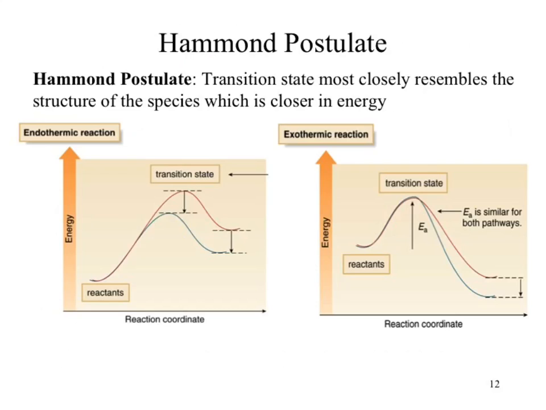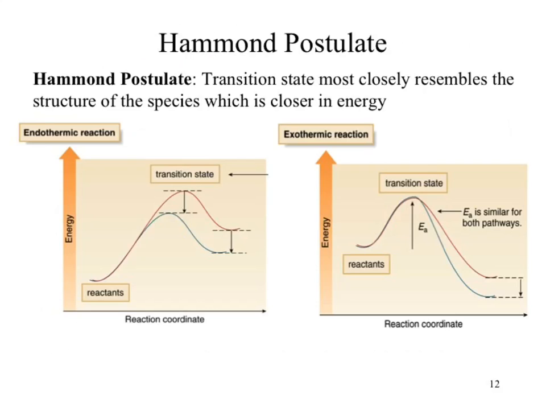Where would we expect our transition state to be closest to in energy? Our reactants or our products? Products, because it's closer in energy. If I change the energy of products, I'm going to see a significant change in my transition state, because the transition state energy is dependent on my products.